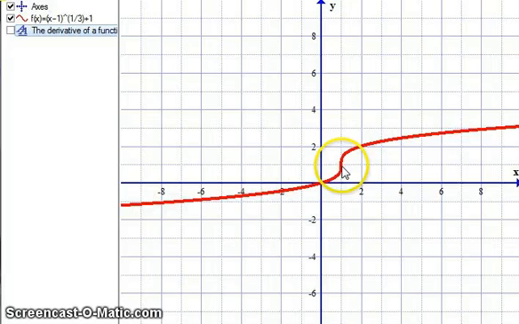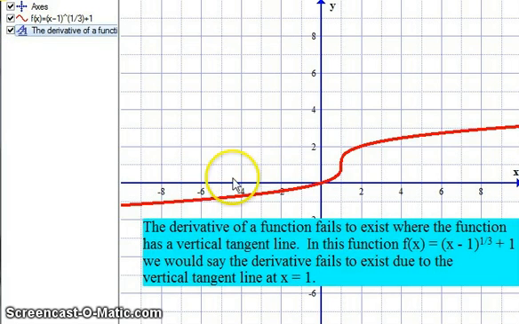Since we use as one of our interpretations for derivative the slope of the tangent line, we would have to be consistent and say that the derivative does not exist, because the slope of the vertical line does not exist. So in any instance where the function might have a vertical tangent line, we would say that the derivative fails to exist, due to this vertical tangent line at x equals 1.